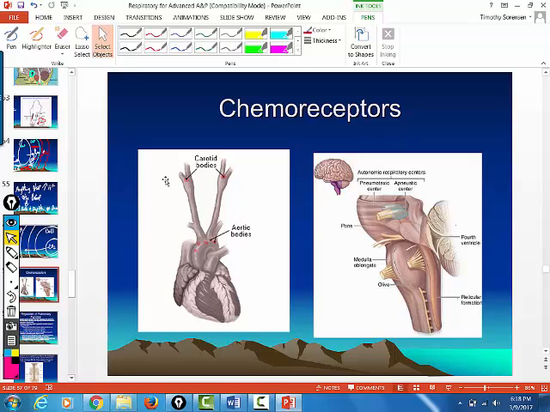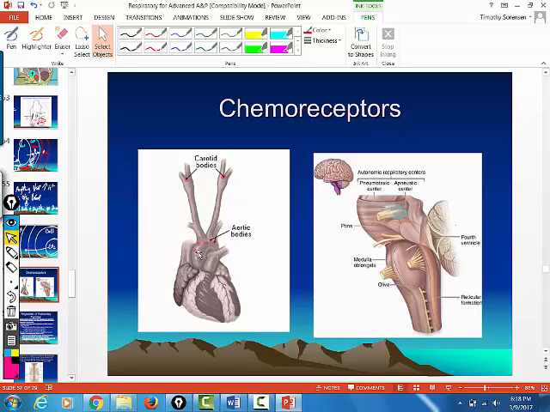I'm sitting here, and the PO2 is 100. I'm magically transported to the top of Mount Everest, where the PO2 is, say, 60. You got me? If I'm not any more metabolically active now than when I'm on the top of Mount Everest, you're following me. If I'm not making any more CO2, I shouldn't have to breathe anymore when I'm on the top of Mount Everest. Isn't that right?